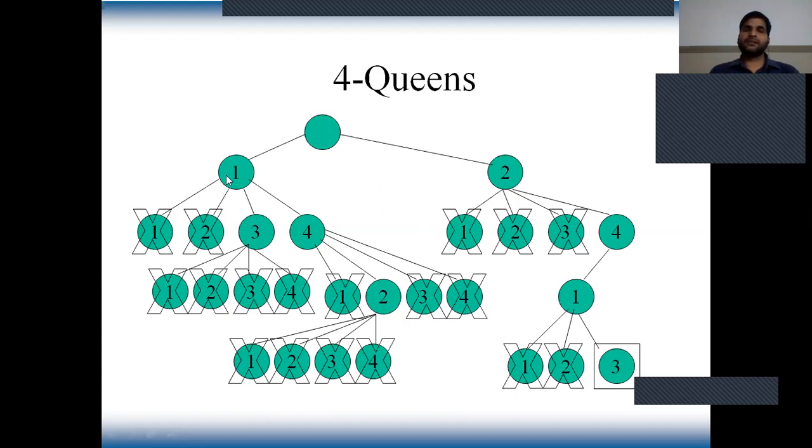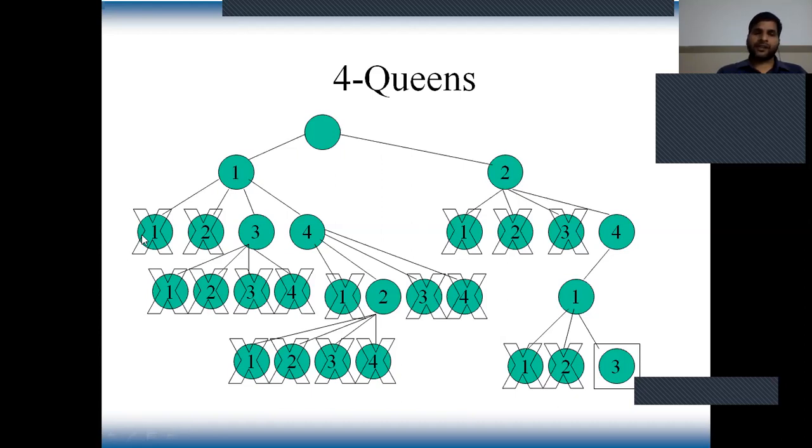The first queen is placed in the first position, second position, third position, fourth position. Sorry, the first queen is placed in the first column and first row.